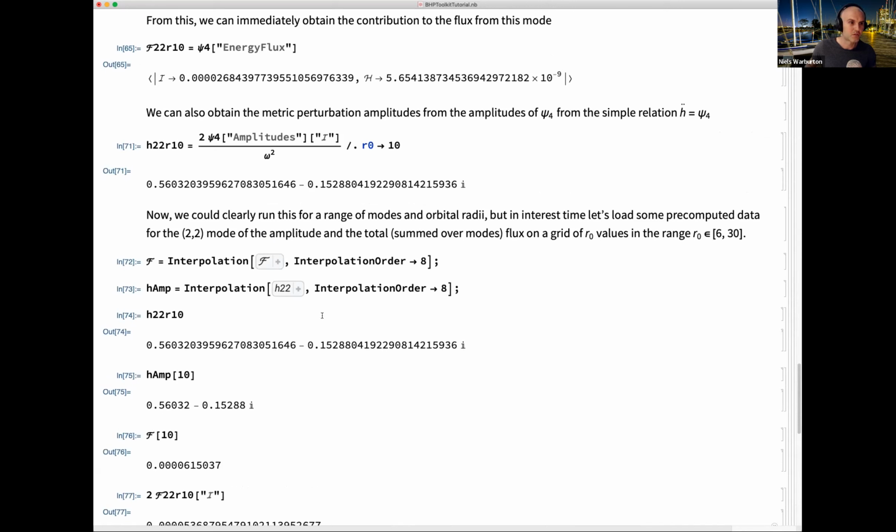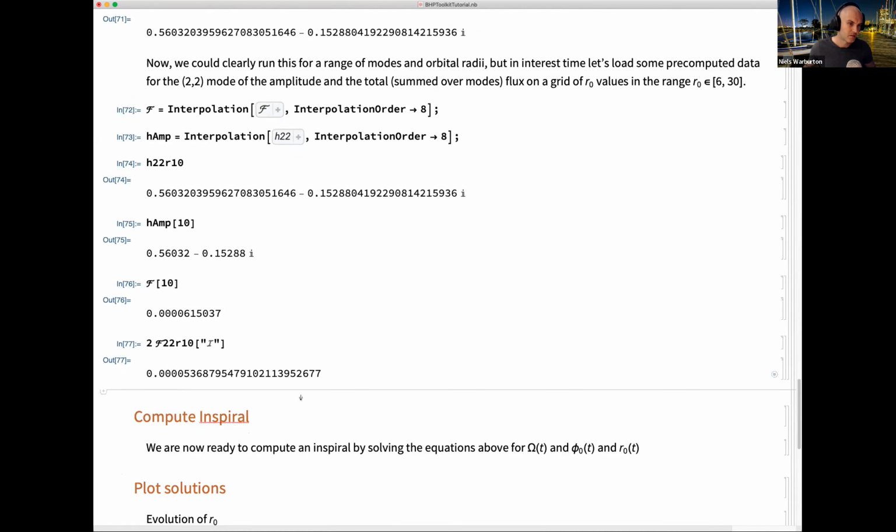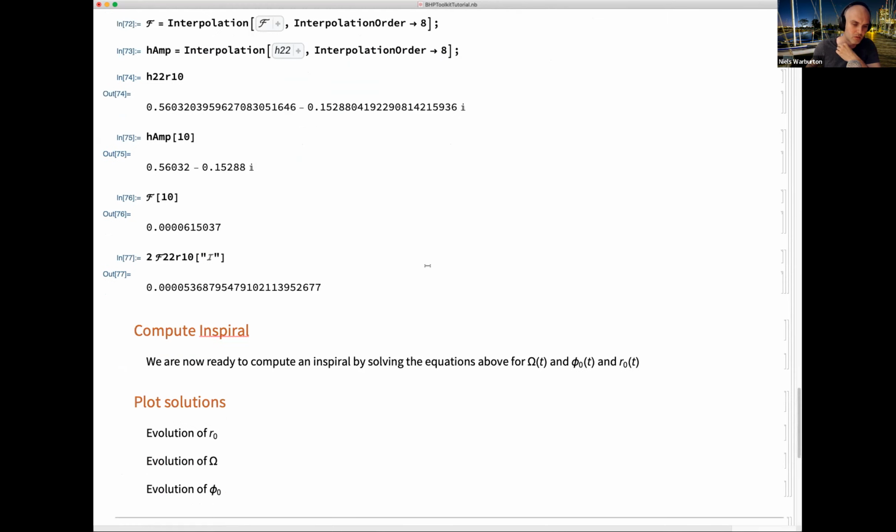Apologies, those two numbers should be the same. They were in my example notebook. Okay, maybe I've made a small typo somewhere, but the pre-computed data is fine. So we can not worry about that too much.